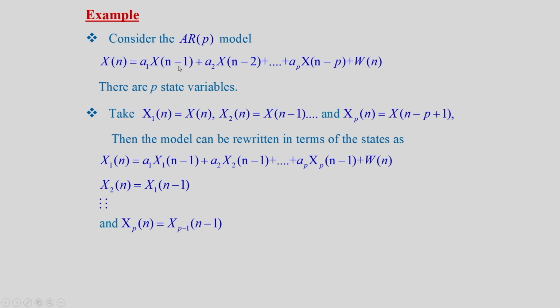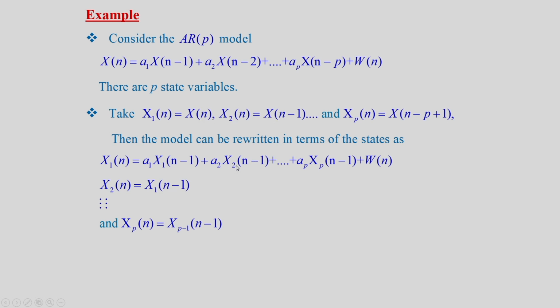This relationship we can write as this: x1[n], that is the first state, is equal to a1 times x1[n-1], because x1[n] is equal to x[n], plus a2 times x2[n-1], where x2[n] is nothing but x[n-1].